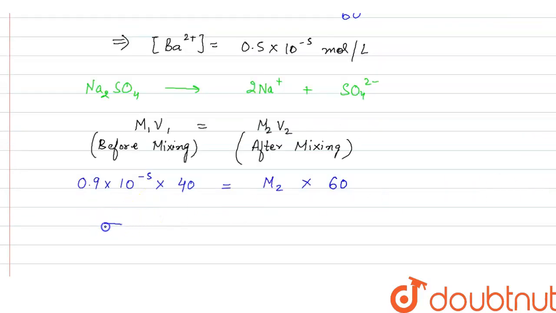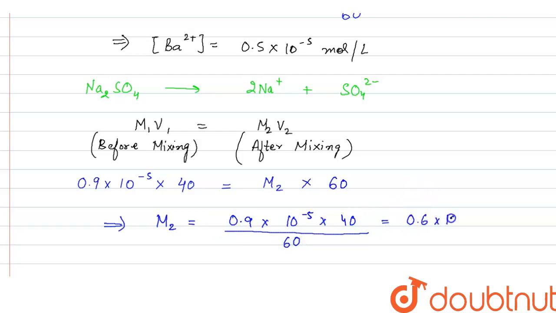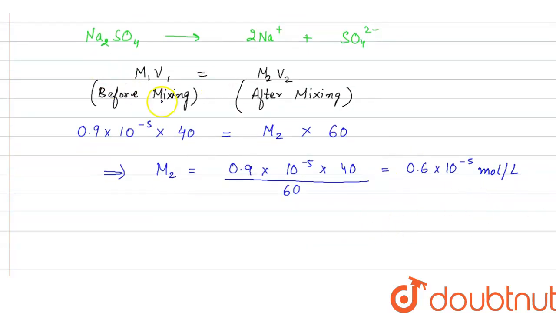So from here we will calculate M2. M2 will be equal to 0.9 into 10 raised to the power minus 5 into 40 divided by 60, and it comes out to be 0.6 into 10 raised to the power minus 5 mole per liter, right?